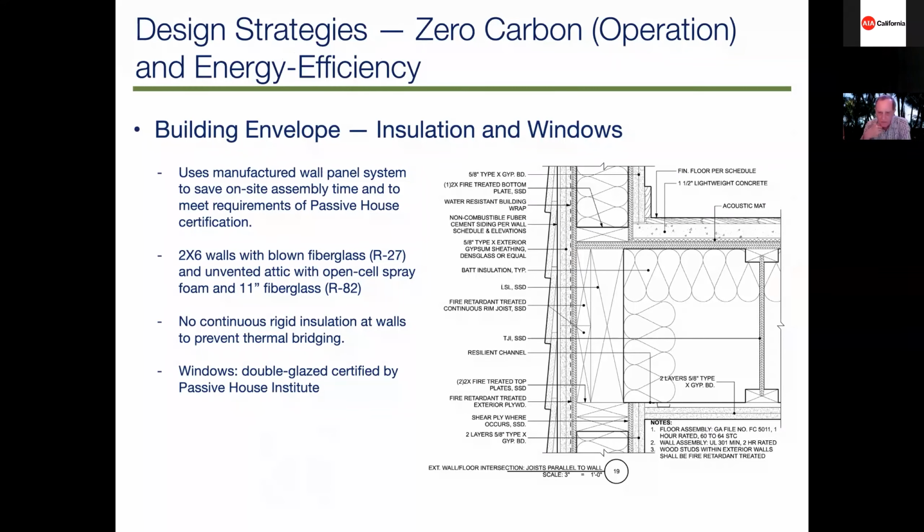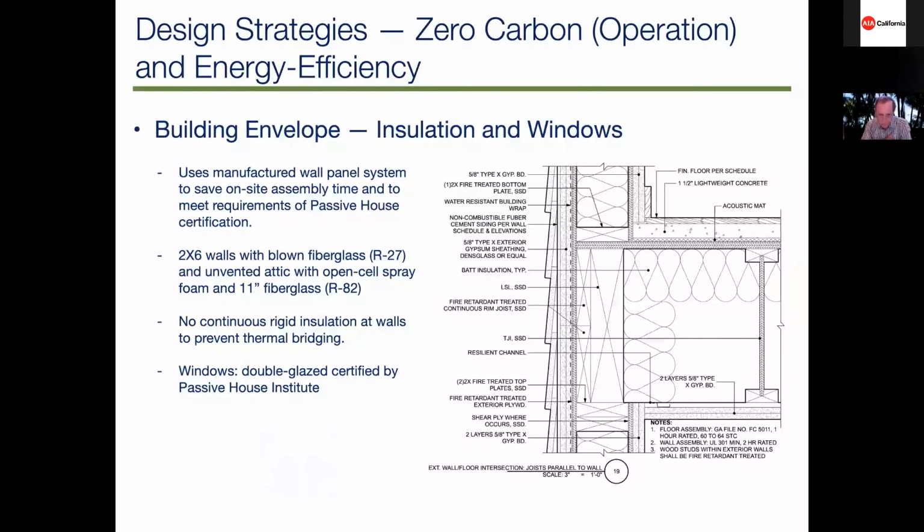So the wall construction, as you can see in this sample detail, is 2x6. It had blown fiberglass, unvented attic space with open cell spray foam and 11 inches of foam. It got an R82 roof. That's fantastic. R27 walls.